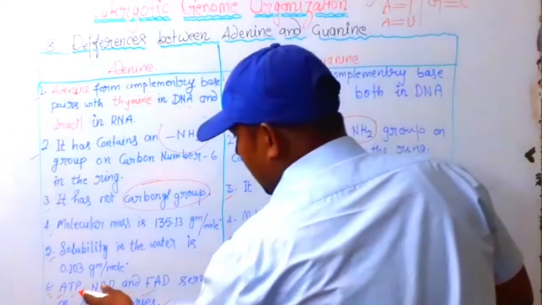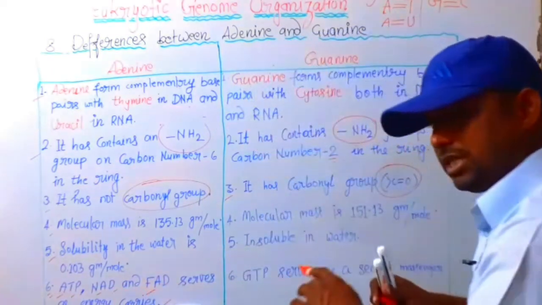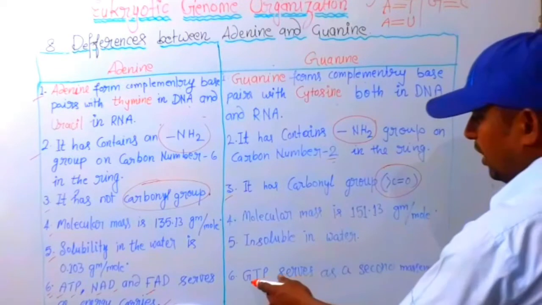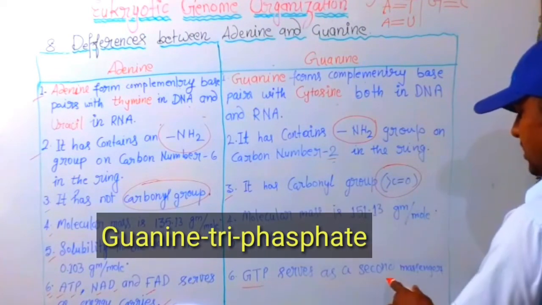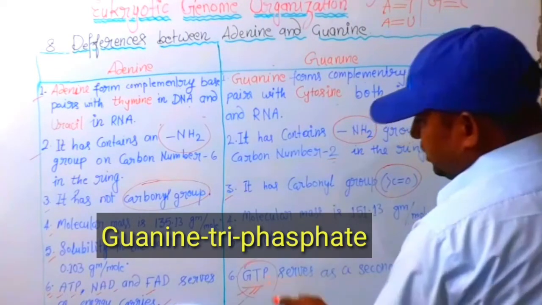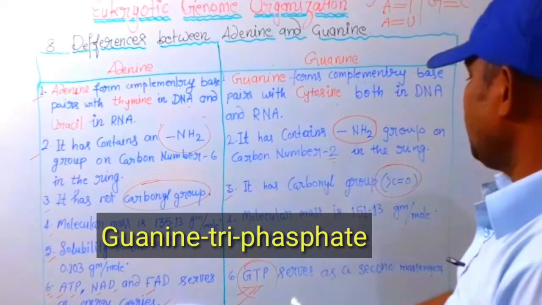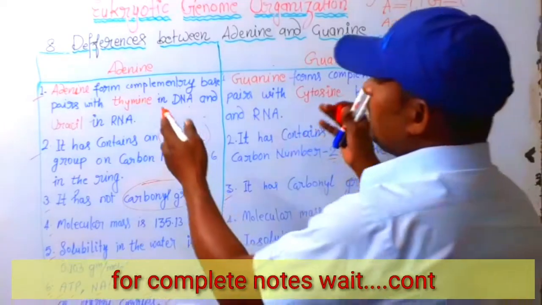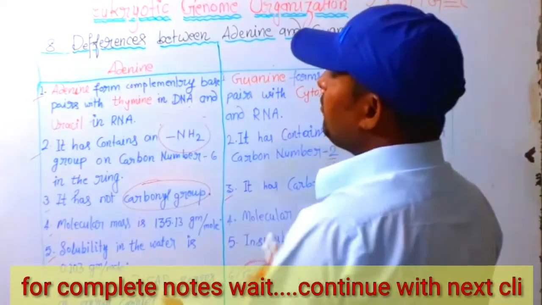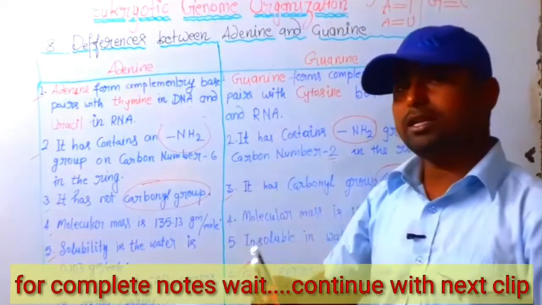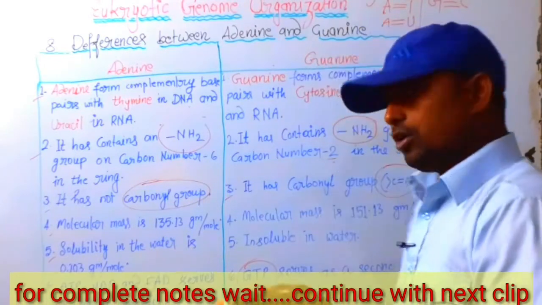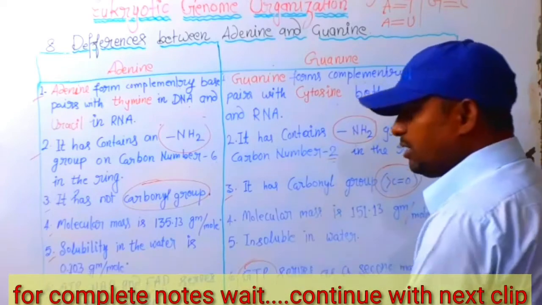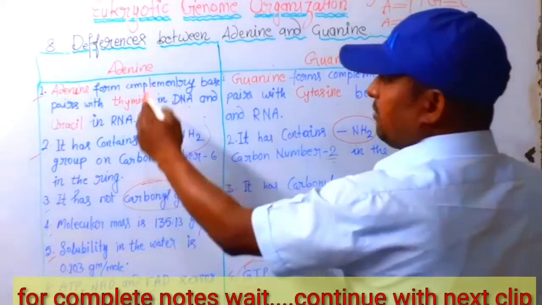It means they carry energy, while GTP serves as a second messenger. This is the very simple difference between adenine and guanine. If you know more, please add to it and increase the differences between the two.